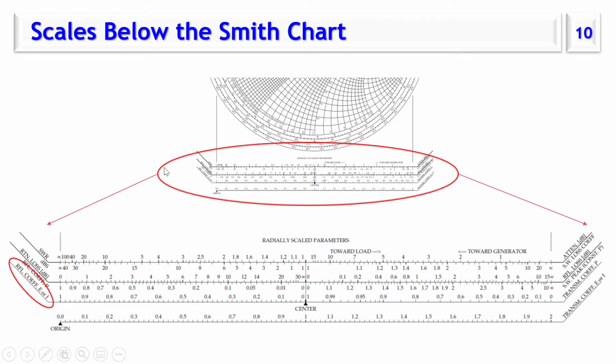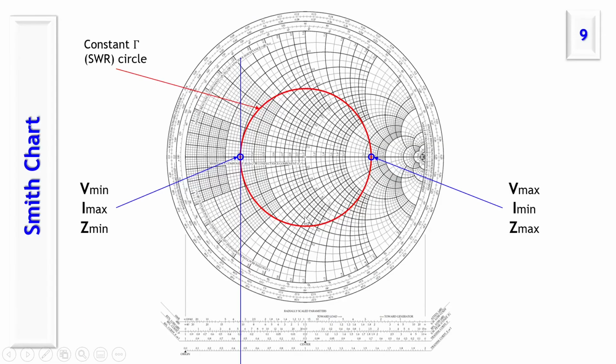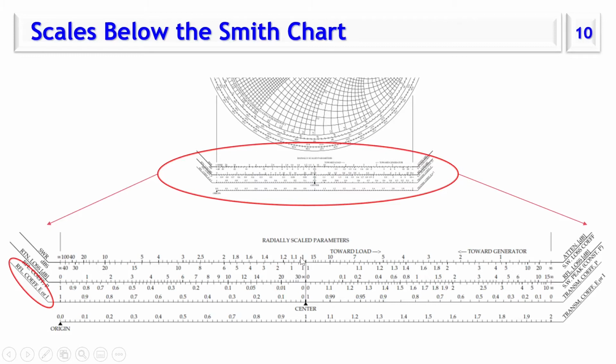Also, if we look here, we'll find the standing wave ratio. As I said, we can convert from a circle of constant reflection coefficient to a circle of constant standing wave ratio. Also, the reflection coefficient of current or voltage is this one here. This is the scale for it. Don't confuse it with this one, the reflection coefficient for power.